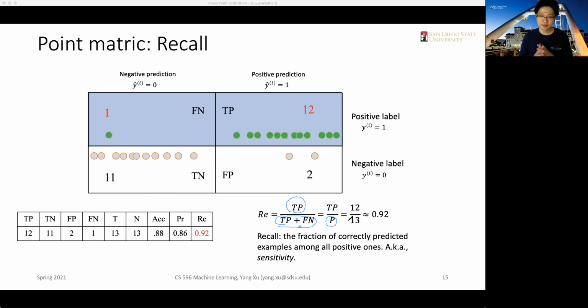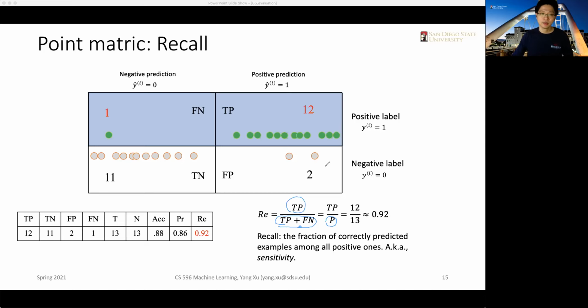You can think of recall as the proportion of correct predictions among all positive ones. So the recall is high if we leave no positive examples behind, if we tend to pick up as many positive examples as possible.